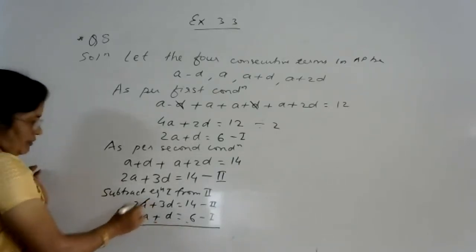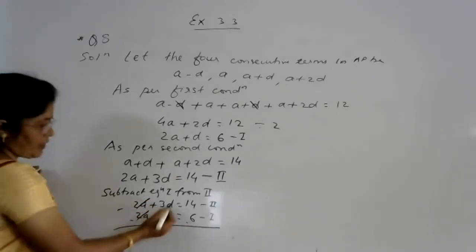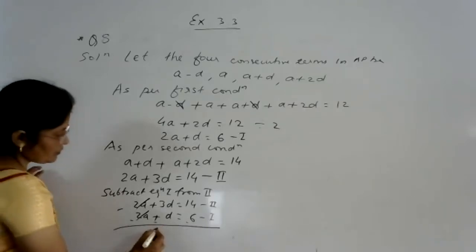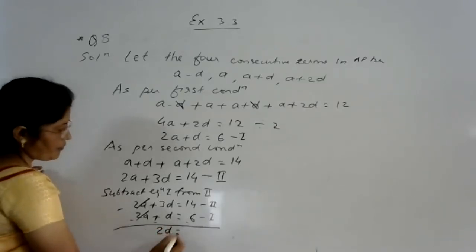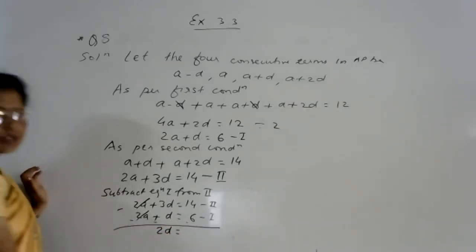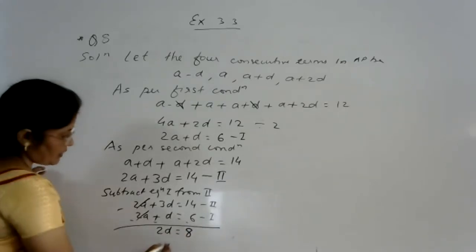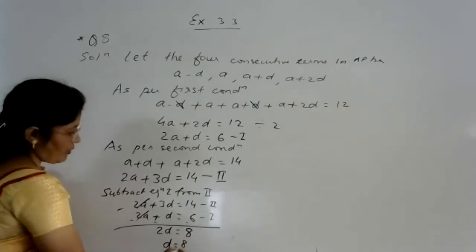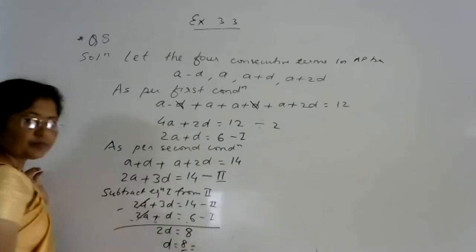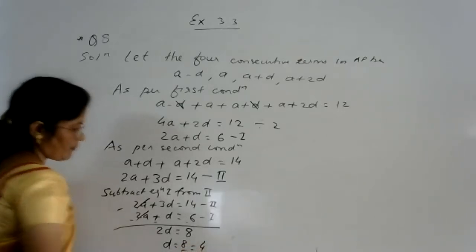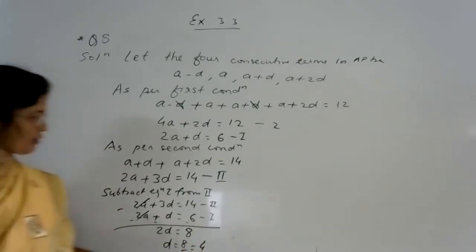So 2A will get cancelled here. 3D minus D, 2D, 14 minus 6, 8. So D is equal to 8 divided by 2, 4. So value of D we got here is 4.